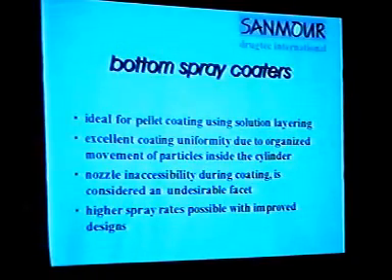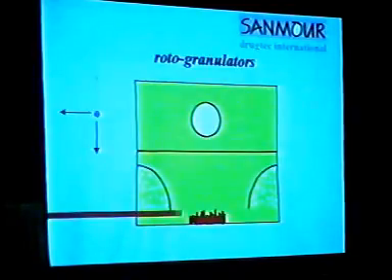This is ideal for pellet coating using solution layering, with excellent coating uniformity due to the organized movements of particles inside the booster cylinder. The nozzle inaccessibility during coating is considered an undesirable facet of this kind of spray mode. And then of course, of late, higher spray rates are possible with certain improved designs in the booster chamber and the spray nozzle.